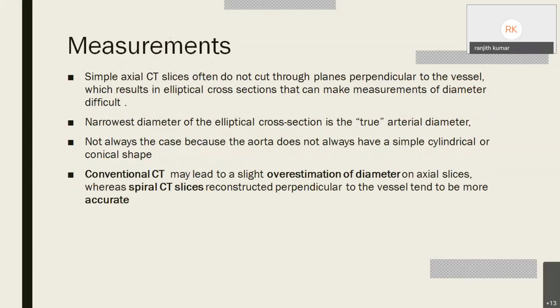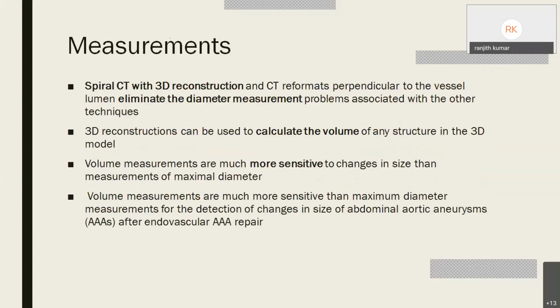Initially, diameter was taken into consideration to measure the size of the artery, but with the development of spiral CT, volume is taken into consideration instead of diameter, and it is more sensitive to changes because of the calcifications and skip location of calcification.